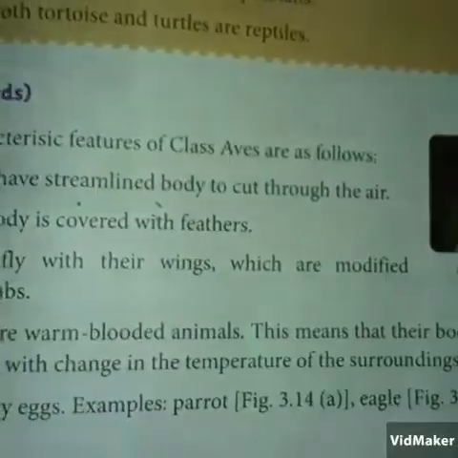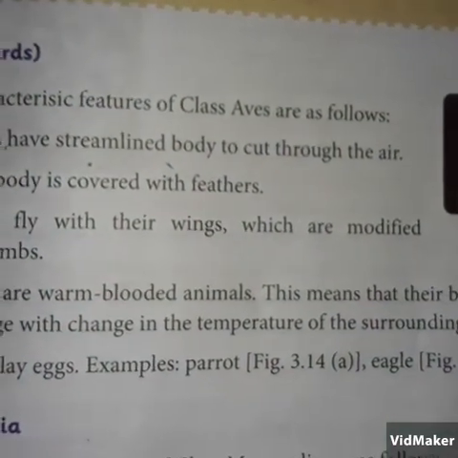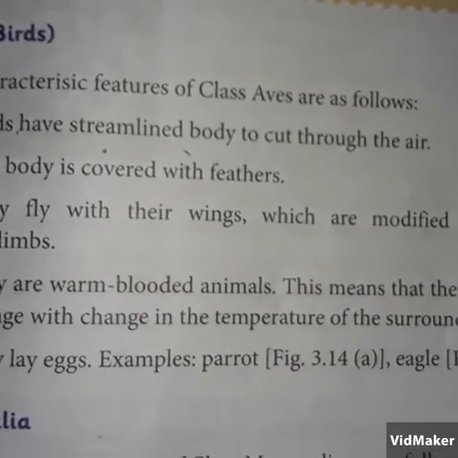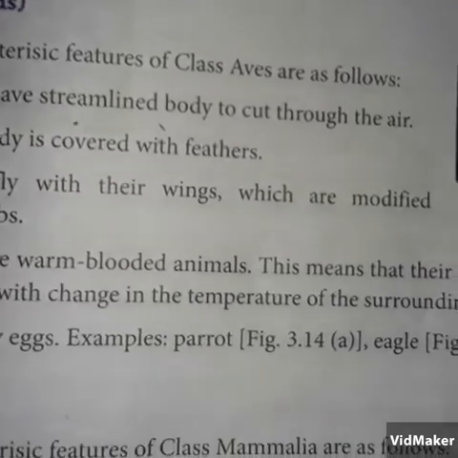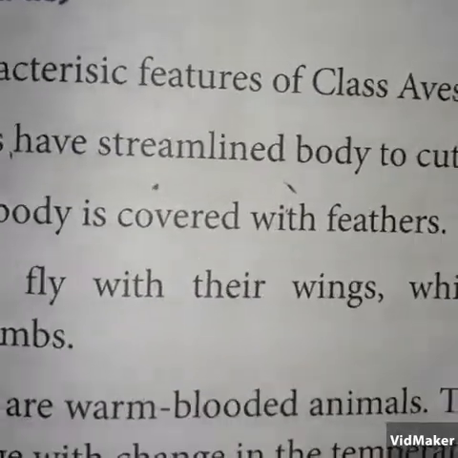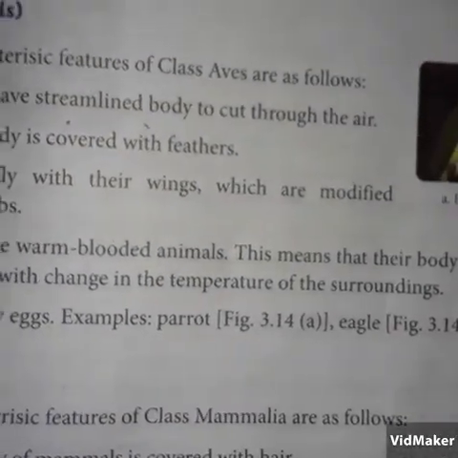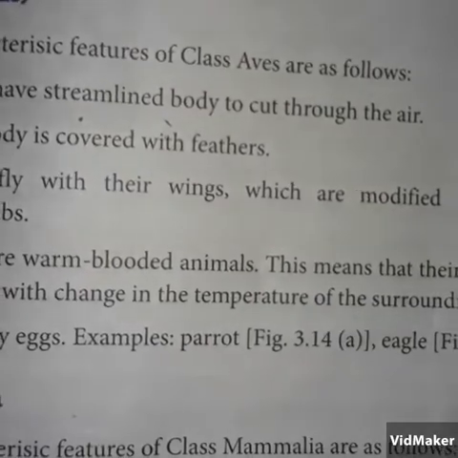Aves, birds. The characteristic features of the class Aves are as follows. First point, birds have a streamlined body to cut through the air. Second point, the body is covered with feathers. They fly with their wings, which are modified forelimbs.